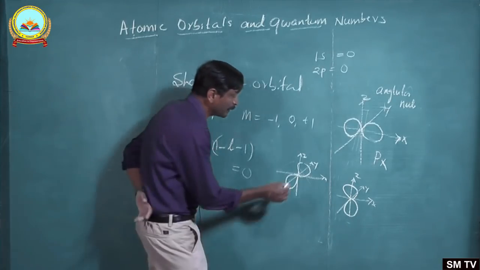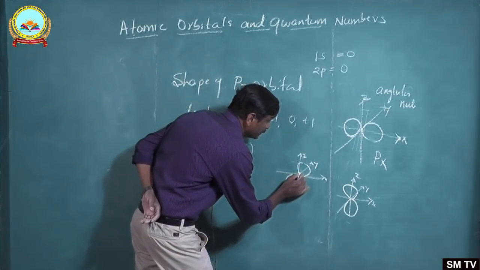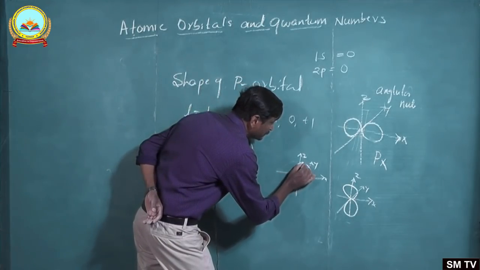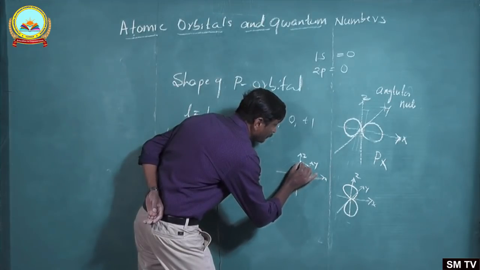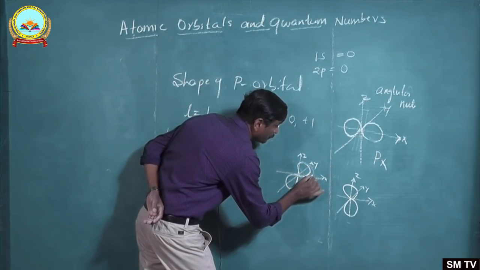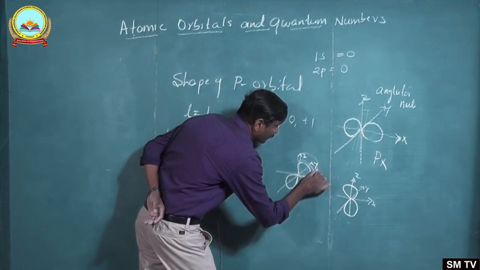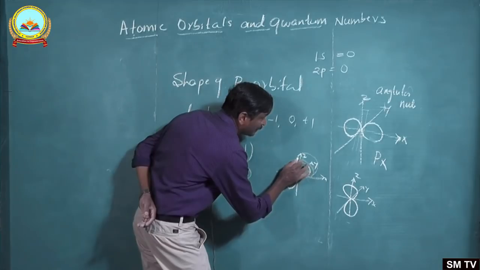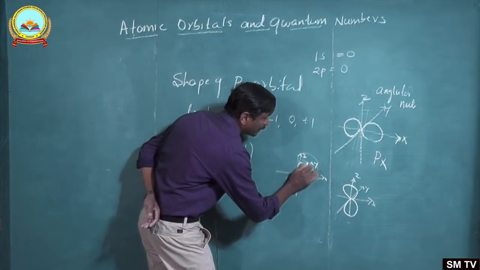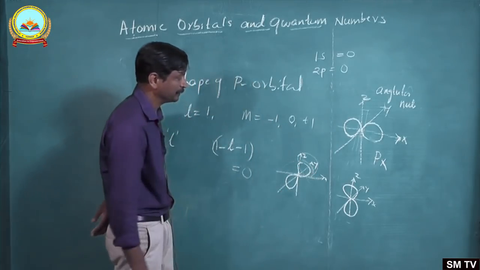Radial nodes: this is where the first orbital ends, then you have some electron density, and here you can find the zero. After that, there is one more region like this. This is called a radial node for the p orbital.